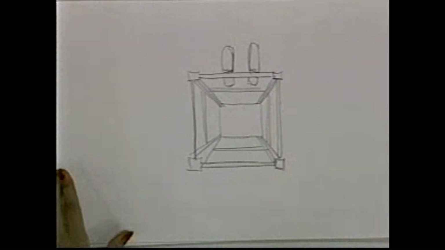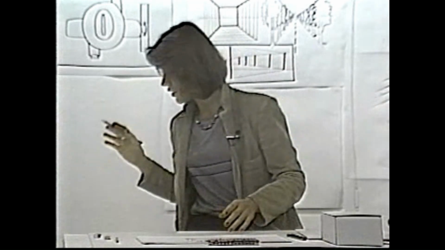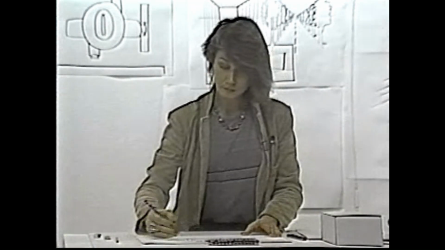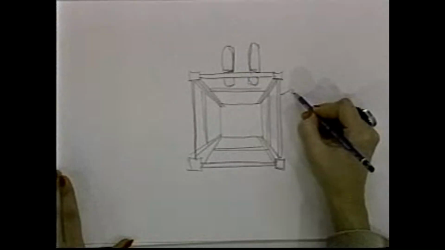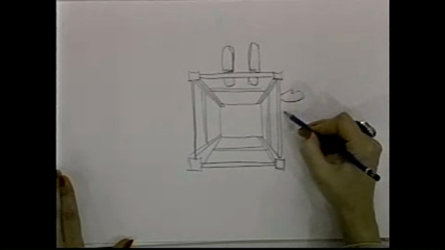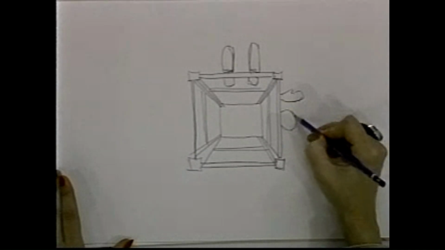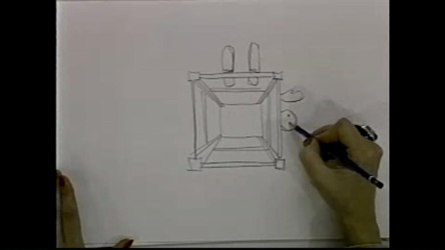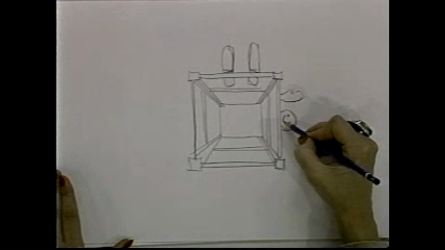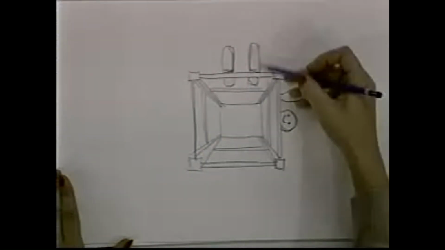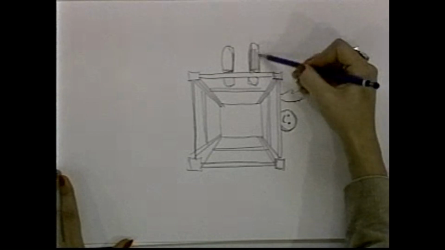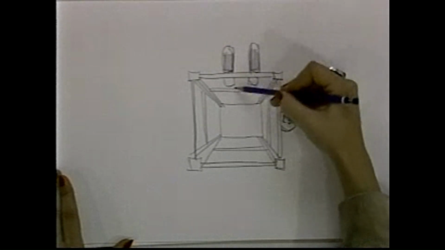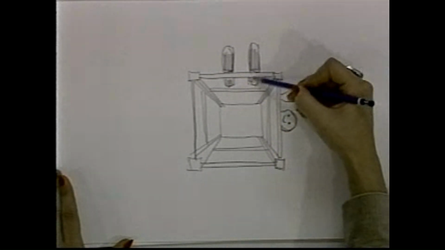Let's say hello to ourselves so we're in the picture. Here come the hands. And here is the head. The head is so much smaller because it's farther away from the mirror. And the feet are so much bigger because they're close to the floor, close to the mirror.